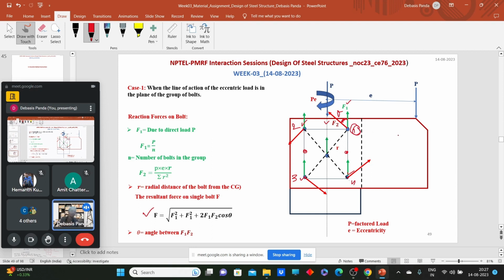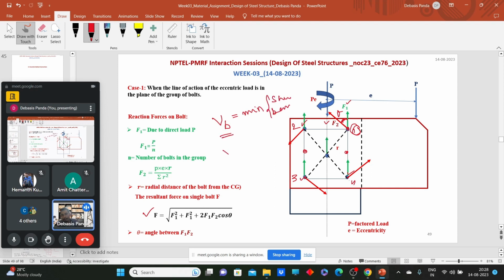Now tell me, to make this joint safely transfer some load, or to say how much load this joint can safely transfer, how can we calculate it? First you need to calculate the resultant force due to P and P into e at the extreme bolt. Then you need to calculate the strength of the bolt, VB, which will be the minimum of the shear capacity and bearing capacity.